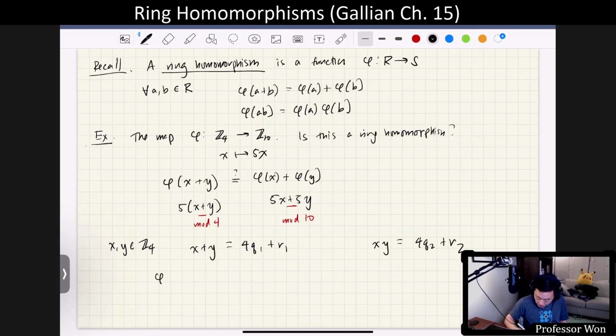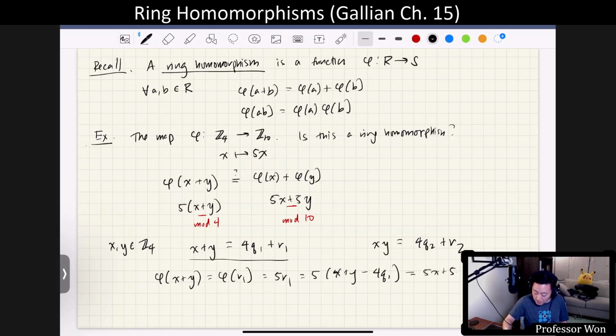So really, what is phi of x plus y? Really, it's phi of r1, right? Because on the left, first we reduce modulo 4 because we're adding inside of Z4, and then we multiply by 5, and then we reduce modulo 10, right? So really this is 5r1 read modulo 10, right? But r1, if we look at this equation, is just x plus y minus 4q1. So it is 5x plus 5y minus 20q1, right?